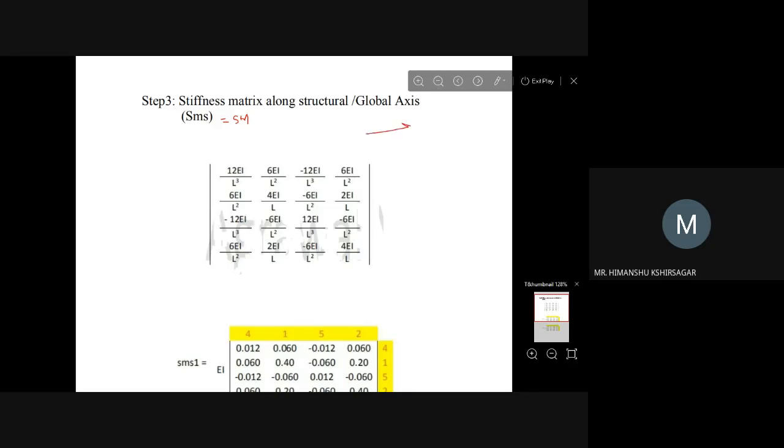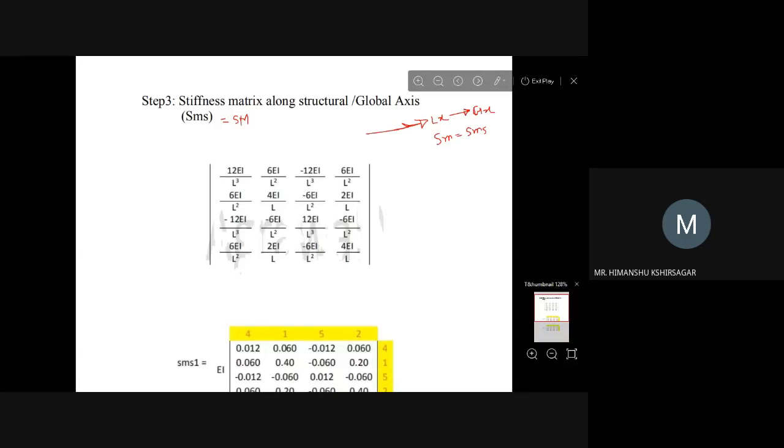If this is a beam member, this will be local X, and this again will be the same global X. Hence, SM is always SMS in case of a beam or a horizontal member. So your step number 3 will be the stiffness matrix along the structural axis or member axis.